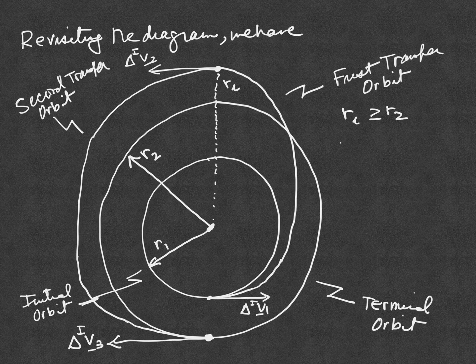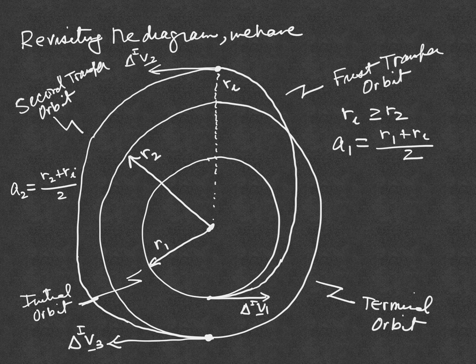Now, A1, which is the semi-major axis of the first transfer orbit, is equal to R1 plus Ri, all divided by 2. So that all corresponds to this first transfer orbit. Now for the second transfer orbit, we have A2. I'm going to write it over here on the left. You can see that its apoapsis is Ri and its periapsis is R2. So it's R2 plus Ri divided by 2. That's the semi-major axis of the second transfer orbit.